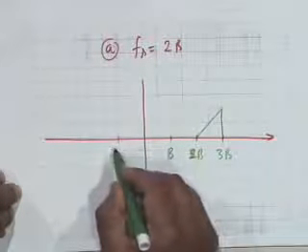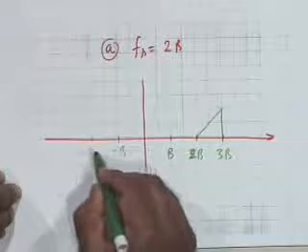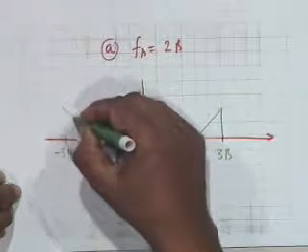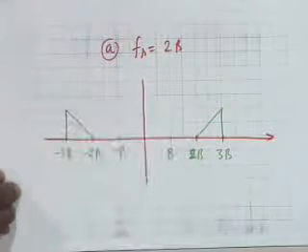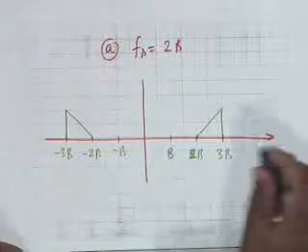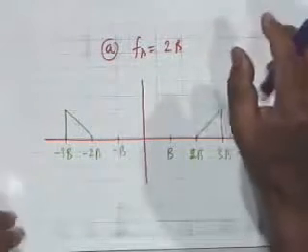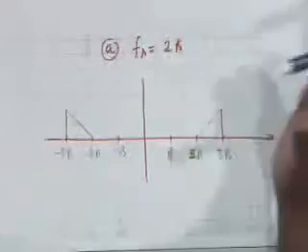And I have to draw both the sides, otherwise things will not be clear. Minus 3B, it goes like this and comes back like this. Now due to the impulse, due to sampling, there is an overlap of the spectra.